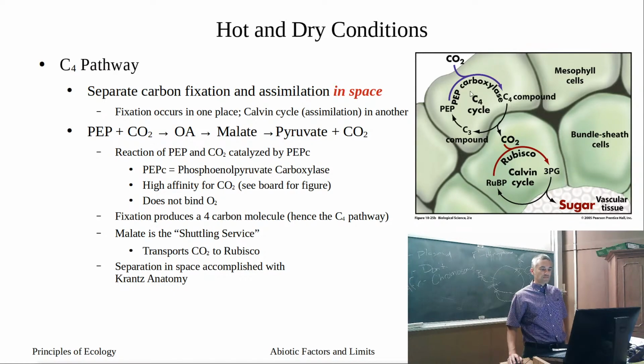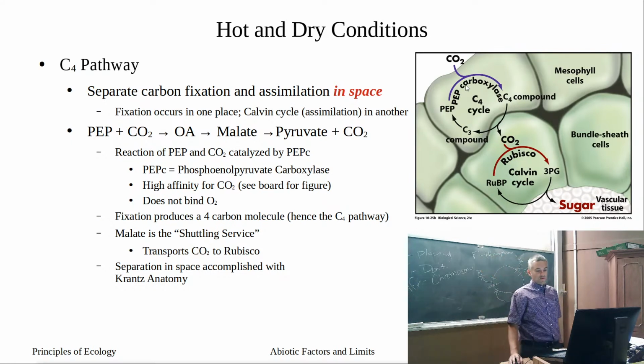So PEP carboxylase catalyzes our fixation step and gets it to malate, which then shuttles it into the bundle sheaths, where malate releases the CO2 back to Rubisco and proceeds with the assimilation steps. Now, we've added one more cycle in these plants, and it's going to cost us even more energy.